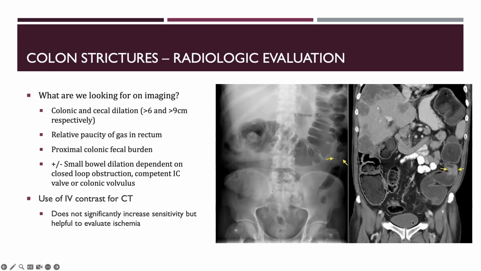What we see here in a radiograph is a little bit of air in the distal colon. Typically this is very uncommon, that you can actually see such a tight area of narrowing on an x-ray, but what we see more classically is more proximal dilation of the colon, and then you can even see some fecalization here in the proximal colon.